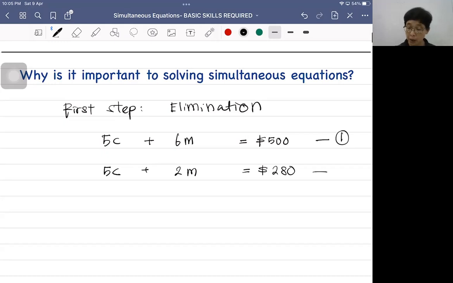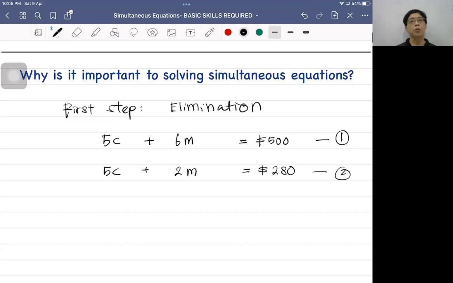The first person pays a total of $500, and the second person pays a total of $280. Our job is to find out how much money was spent on petrol for the car, and how much is the cost for the motorcycle petrol. That's why simultaneous equations come into the picture.